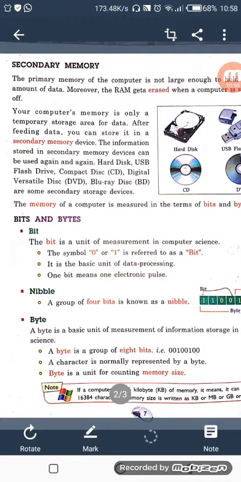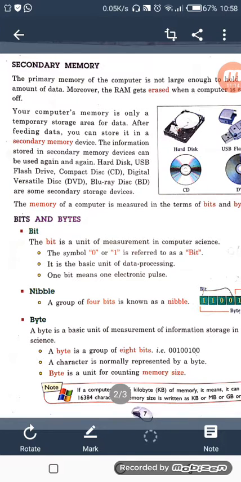Okay, now let's move to another line. After feeding data, our internal storage fills up. That is why we have to move our data. We can call that external storage known as memory.